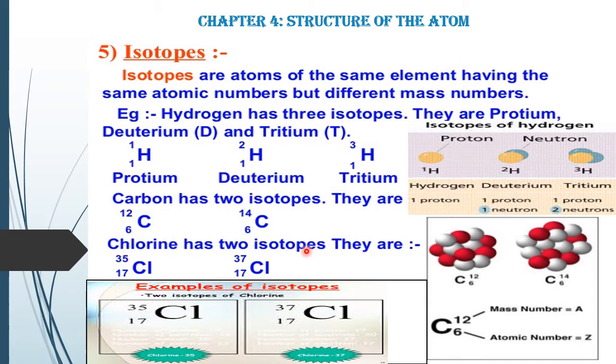Chlorine has 2 isotopes. See chlorine, atomic number is 17, atomic mass 35 in one and 37 in the other. That is how they are named chlorine 35 and chlorine 37. That is the name of the isotopes.